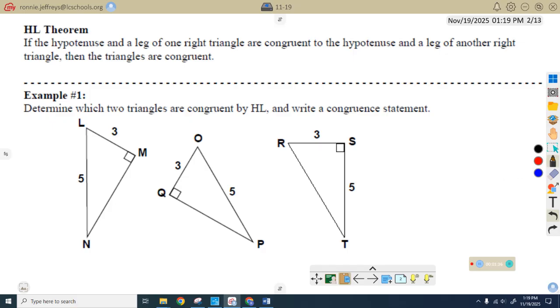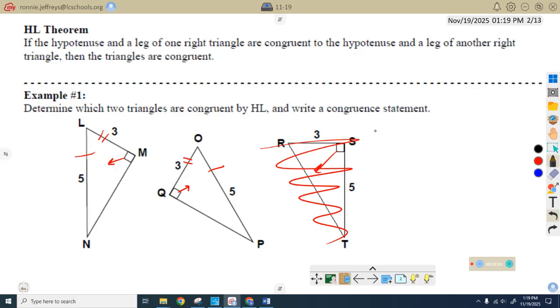Alright, so let's look at this right here. Remember, the hypotenuse is the one across from the right angle. So this is a 5 and this is a 5. Let's check this one. Automatically we can negate that. This one's a 3 and this one's a 3.